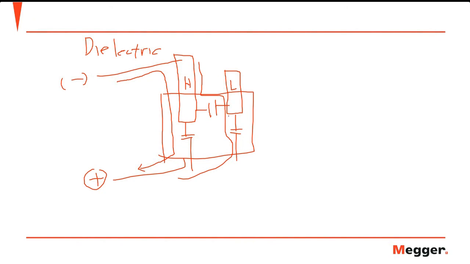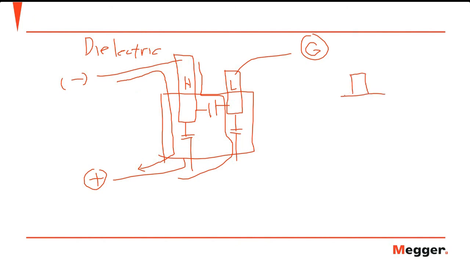In order for me to measure what I want, which is the high to ground only, I need to guard this one, the portion that I don't want to influence my calculation. Like in the bushing a while ago.